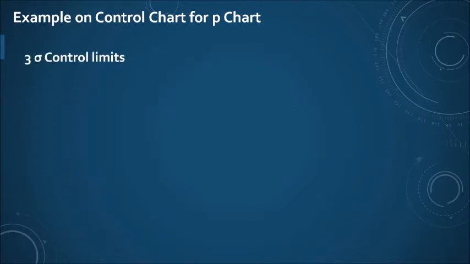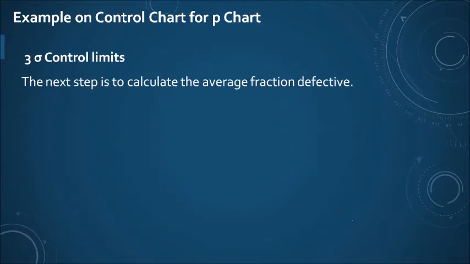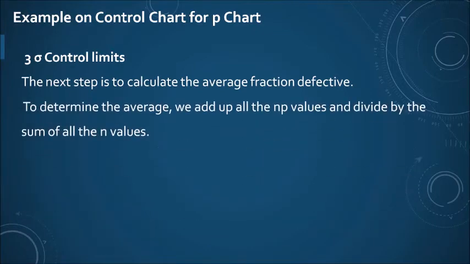Now the 3 sigma control limits. The next step is to compute the 3 sigma control limit. Now we know that when the standards are not given, the 3 sigma control limit will be calculated using the estimated value of P, and the estimated value of P is P bar. So to determine the average, we add up all the NP values and divide by the sum of all N values.